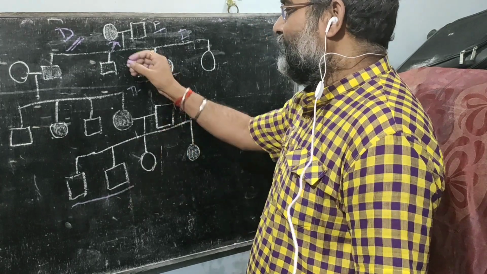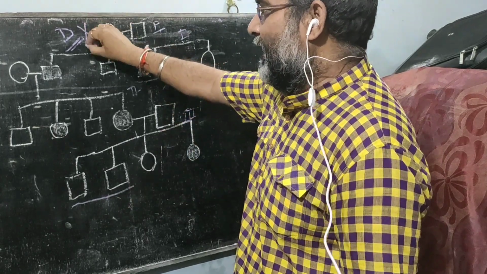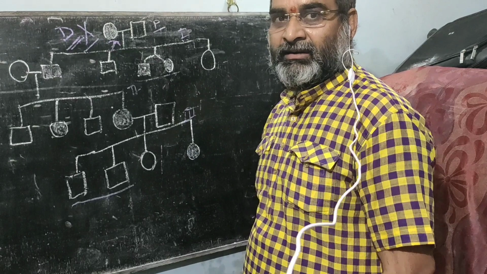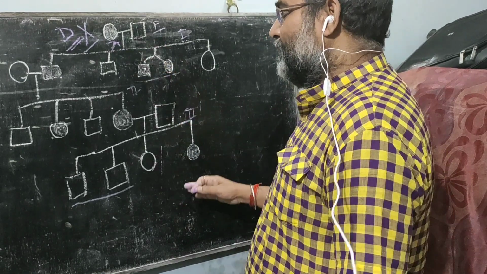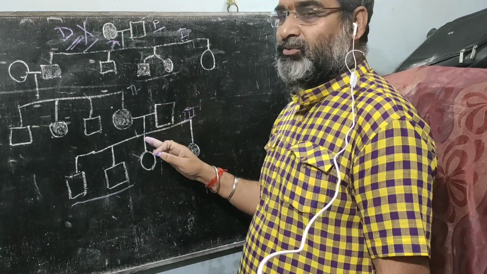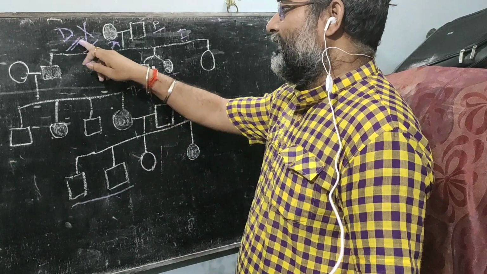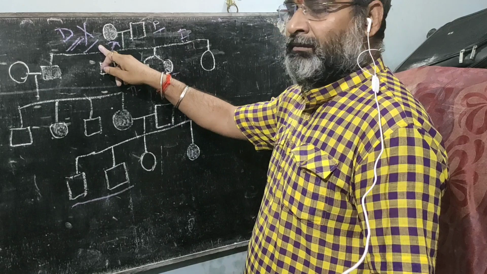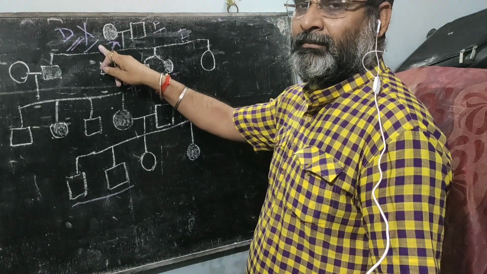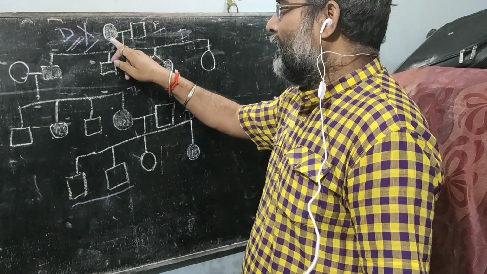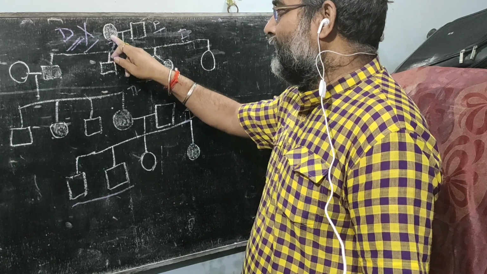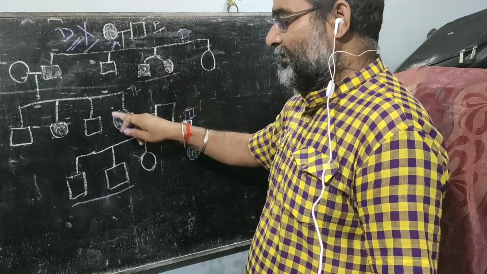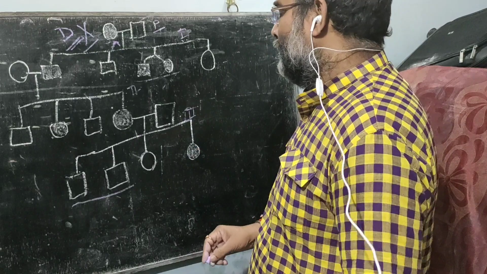That means it is a dominant X-linked character. The pedigree represents that it is associated with the dominant X gene of the parental mother, which is carried from generation to generation.